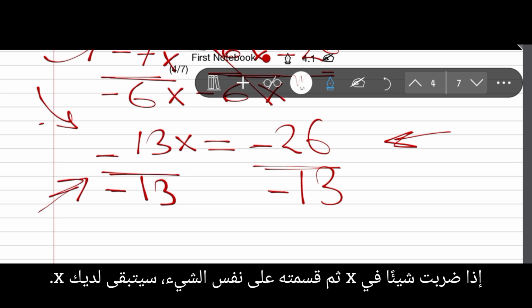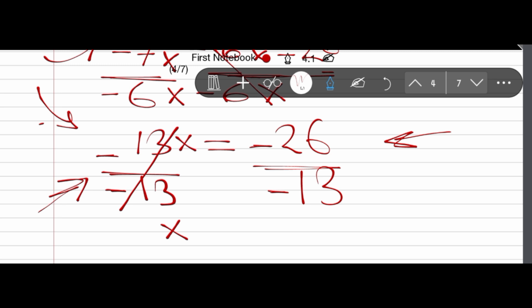Now, what does the left-hand side become? Negative 13 times x divided by negative 13. That's just going to be x. You multiply something times x divided by the something, you're just going to be left with an x.